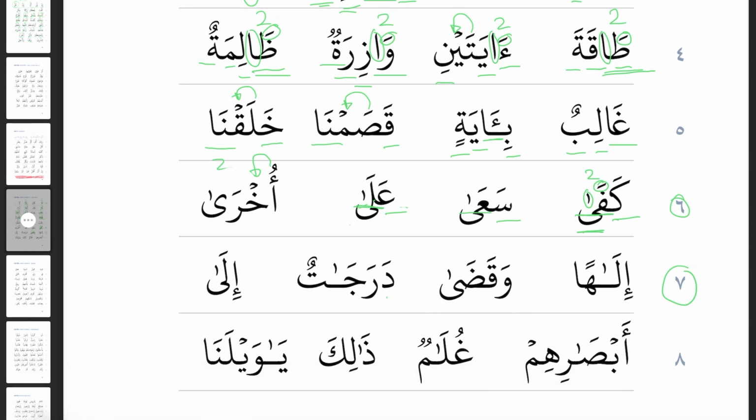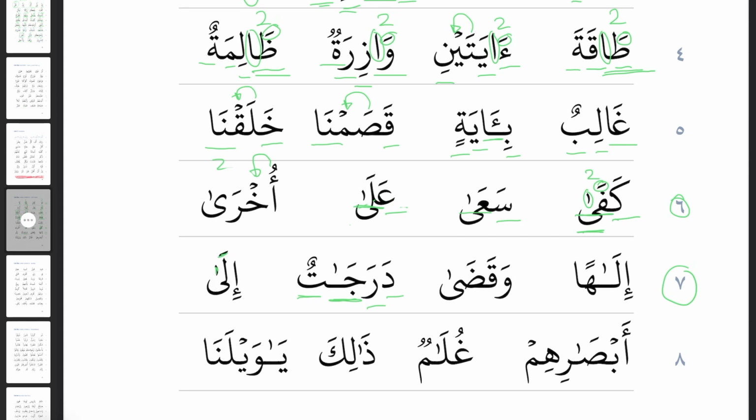Then we have da, ro, ja, tun. And at the end of the line here we have I, la. The lam had the fatha with the little hanging alif. And again, the ya doesn't take part in the pronunciation. We're just looking at the 2-count stretch that is afforded to us by the alif that comes after the fatha.